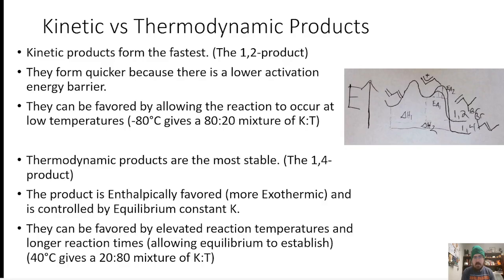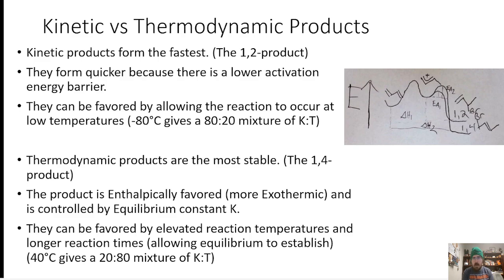And so it favors the kinetic product. It goes over this small hump of activation energy barrier 1, so you can get an 80-20 mixture. Running at really cold temperatures favors only the fast ones. We're only allowing the fast ones to form.